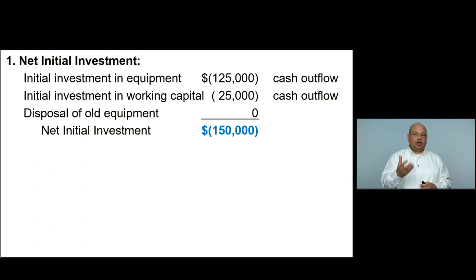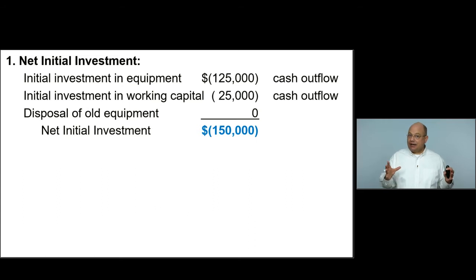So we start by looking at the net initial investment. There are 2 cash flows. We have the net initial investment in equipment of $125,000, and we have the initial investment in working capital, which is treated as a cash outflow of $25,000. Now we see there was no old equipment to be disposed of, so we can just put a 0 in for that. But what we have is a $150,000 net initial investment.